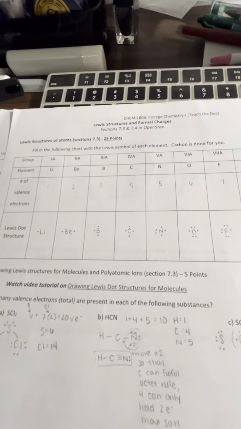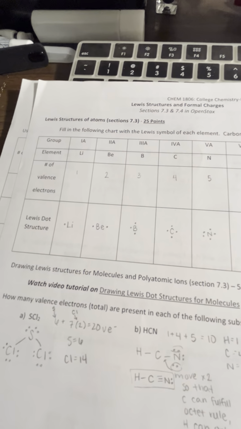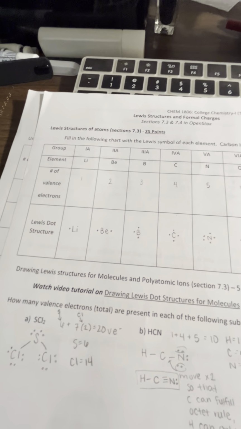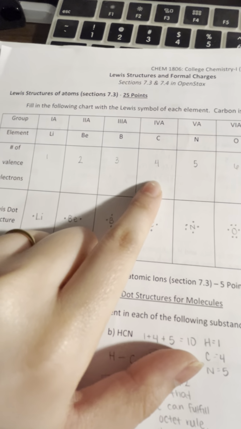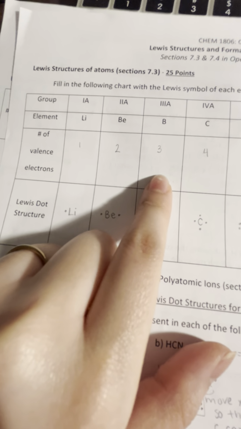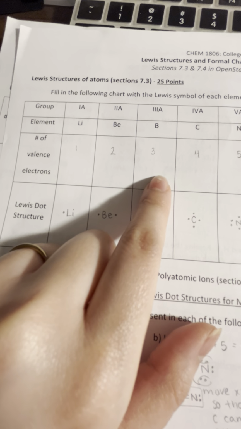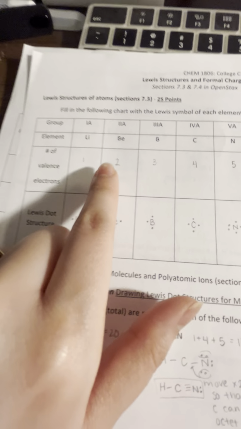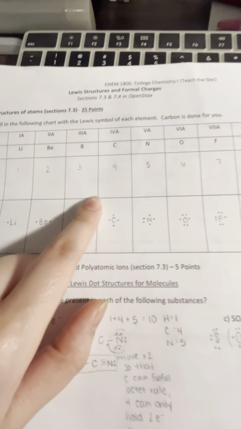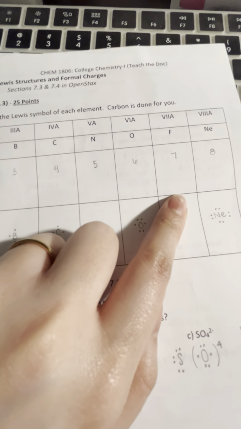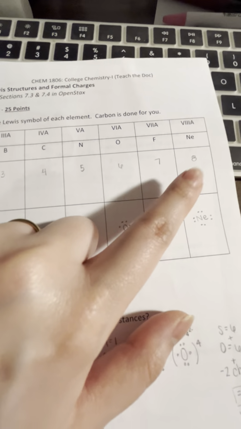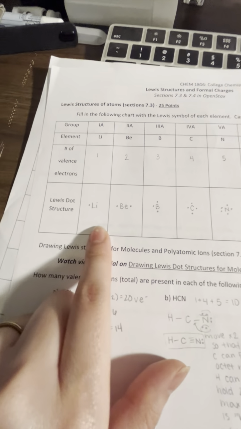Let's see, and then for the back, I filled out the table. Number of valence electrons, which is the number of electrons on the outer shell of each element. Carbon is 4. B is 3, Be is 2, Li, lithium is 1, nitrogen is 5, oxygen is 6, fluorine is 7, neon is 8.